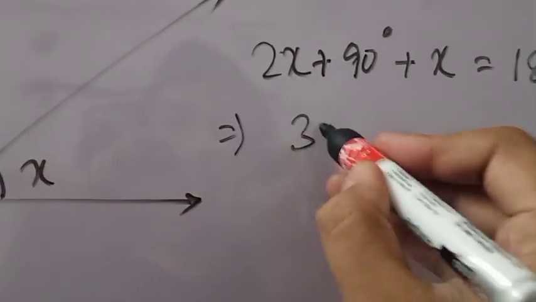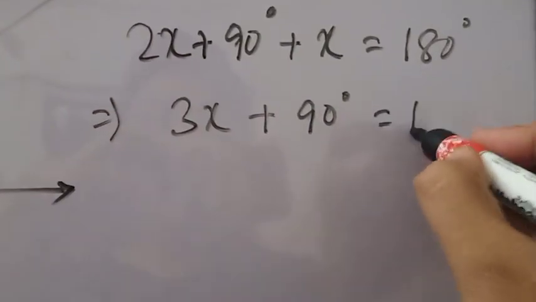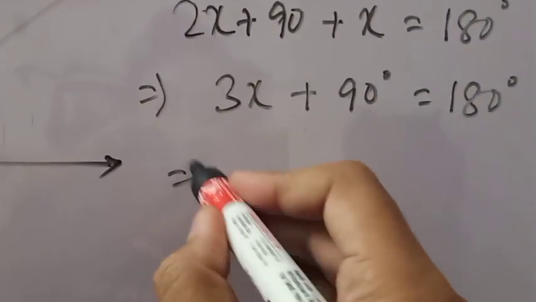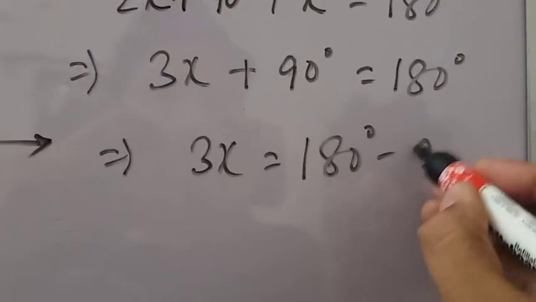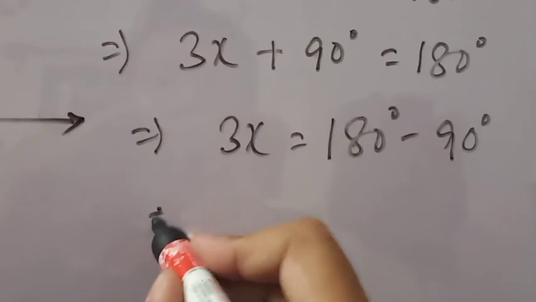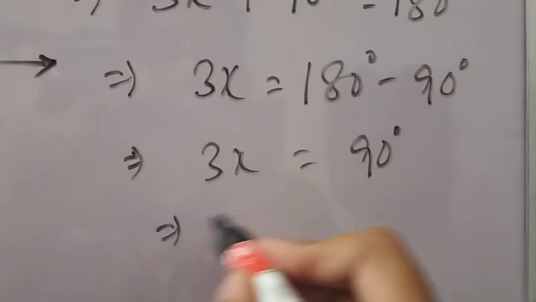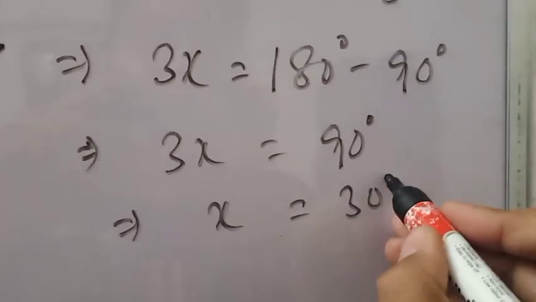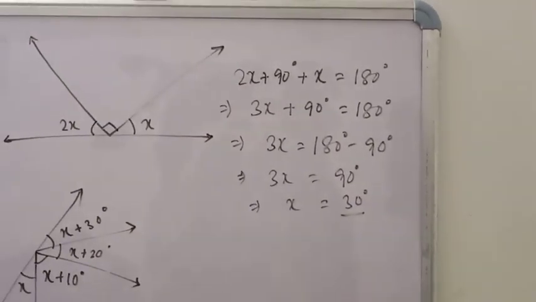So 3x plus 90 degree equals to 180. 3x equals to 180 degree minus 90 degree. 3x equals to 90 degree. So x equals to 30 degree. So in number 5 and 4, x equals to 30 degree.